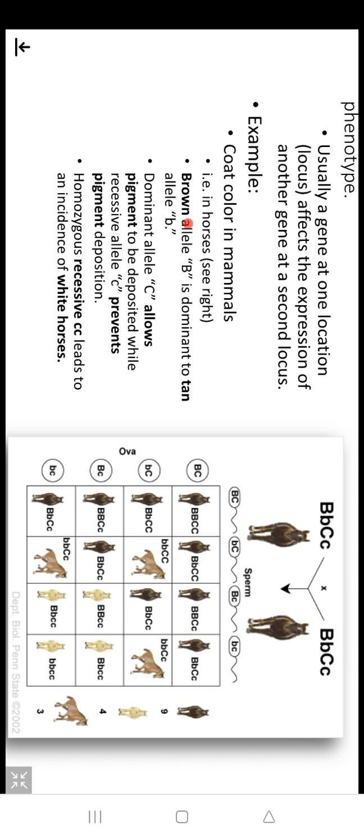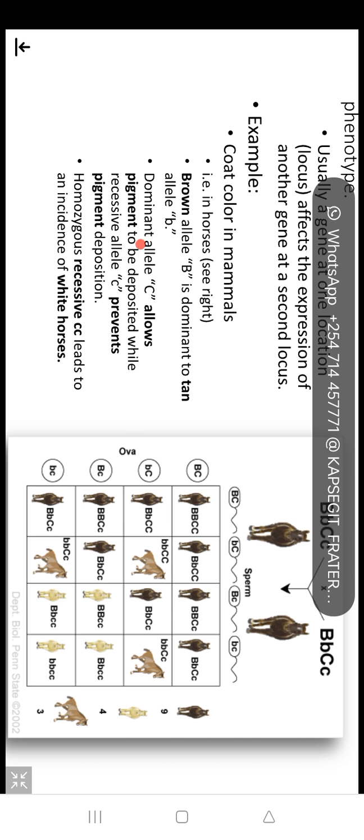The brown allele B is dominant to the tan. You know what I mean by the tan color. So when the horse has the B allele, this horse is likely to be what? Brown. Then when it has the recessive allele, the small b, the horse is likely to be what? Tan in color.